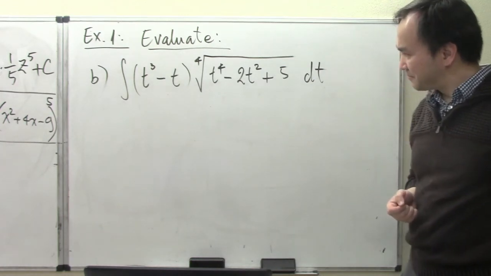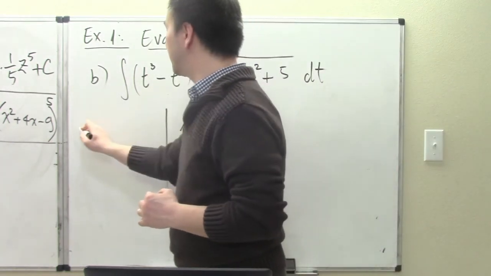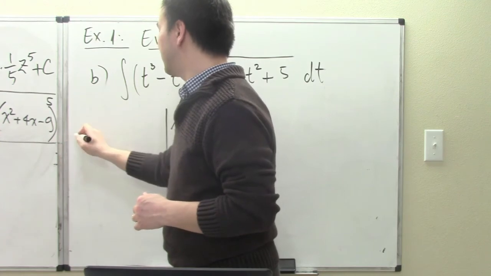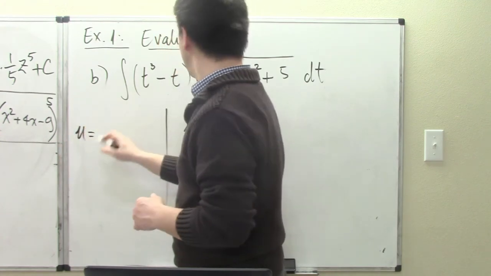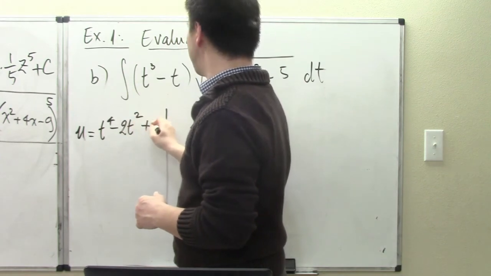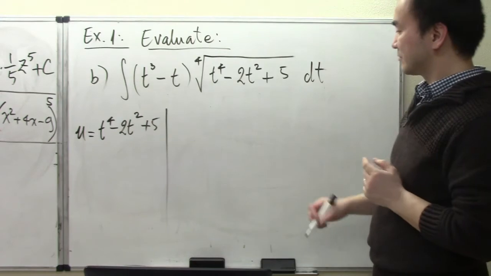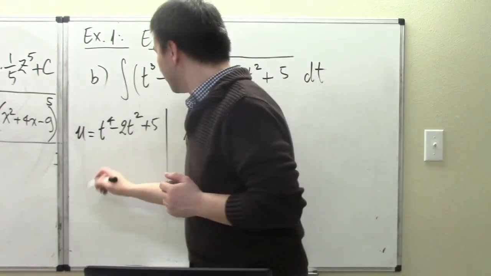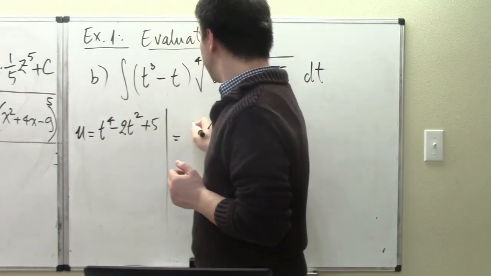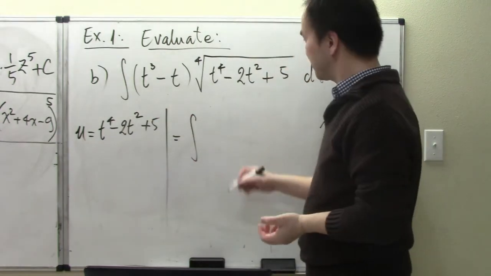And so now I am going to go back to u, okay, to be equal to t to the fourth minus 2t squared plus 5. And from that point, I can see that immediately I can start doing some substitution.